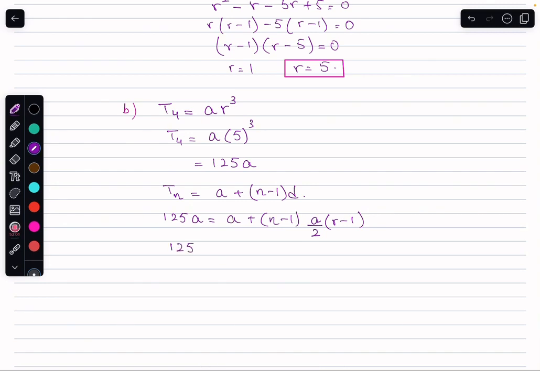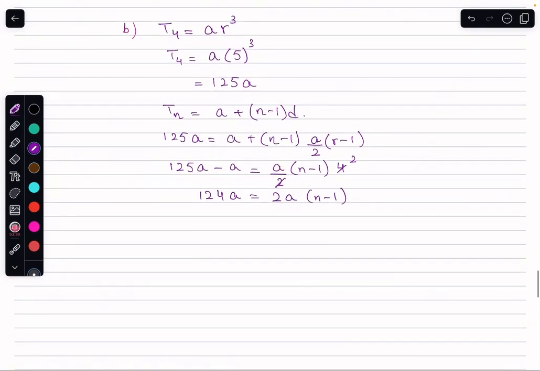So this is basically 125a minus a. This a is taken now on the left. So here I will be left with a by 2 and n minus 1 and r minus 1. r is 5, therefore 5 minus 1 giving me 4. So 2 and 4 getting simplified, giving me 2a. So 124a shall be equal to 2a and n minus 1.